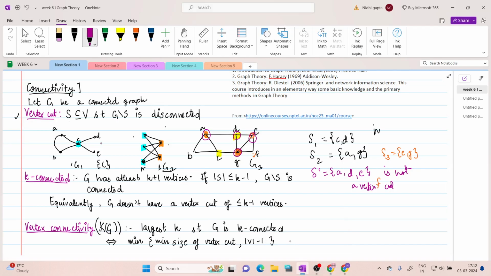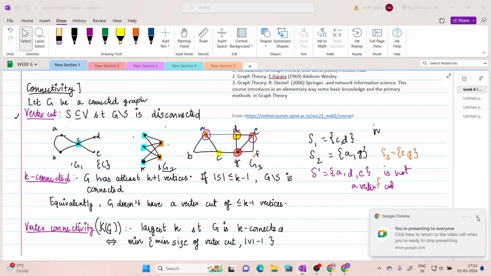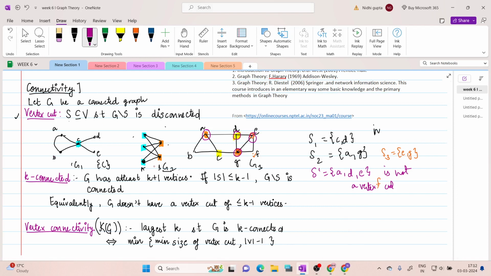So this is what k connectedness is. In the first graph, if we look at just G1, can we say that G1 is 1 connected? Yes. By the definition, 1 connected refers to just a connected graph with at least 2 vertices.